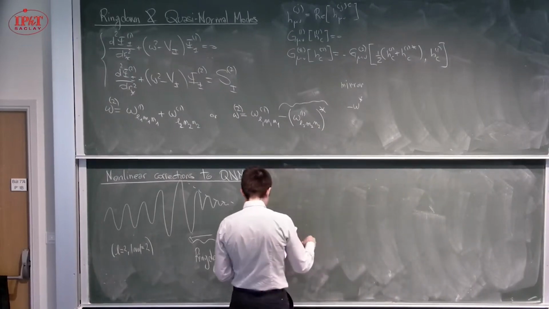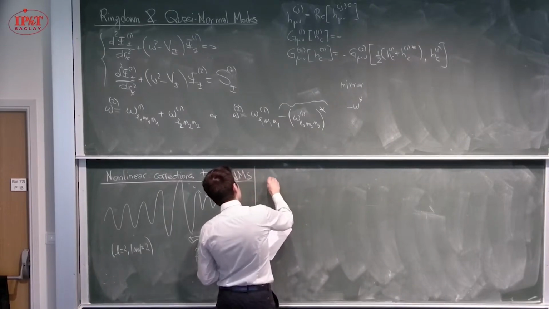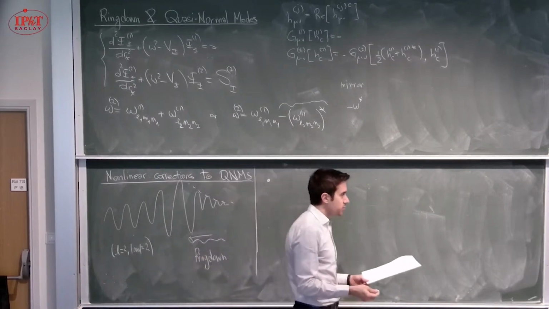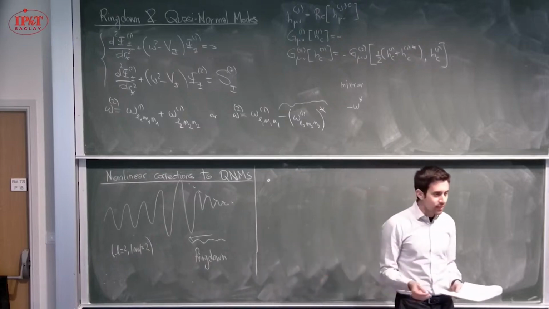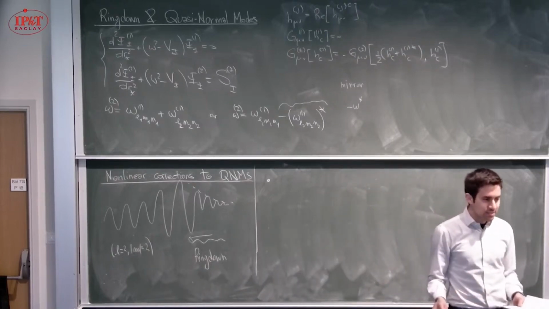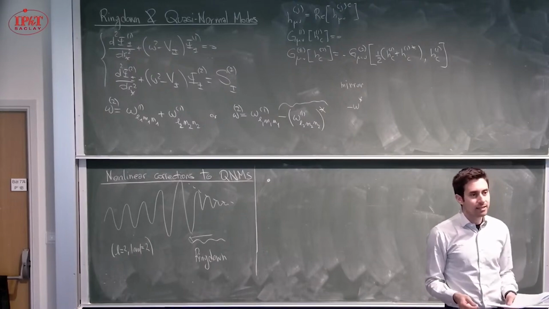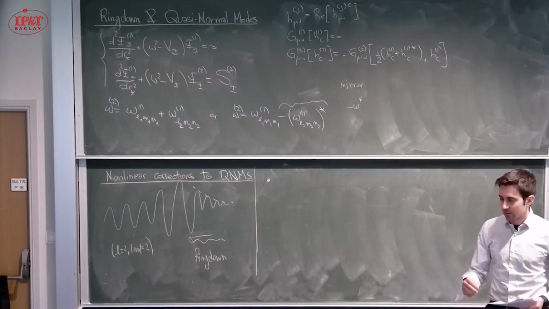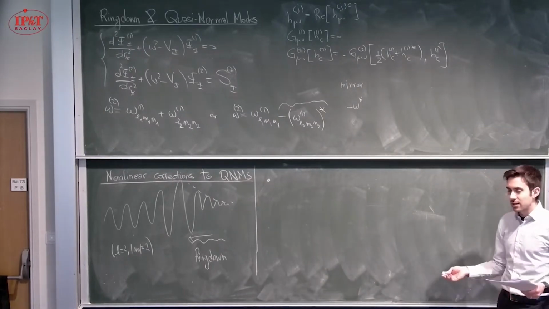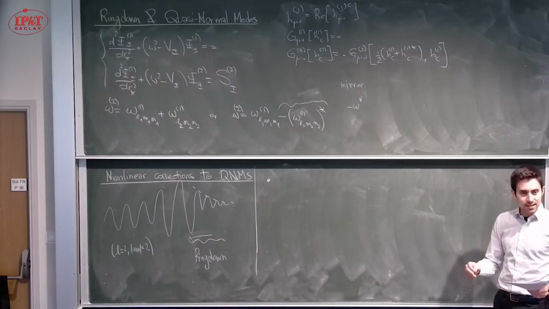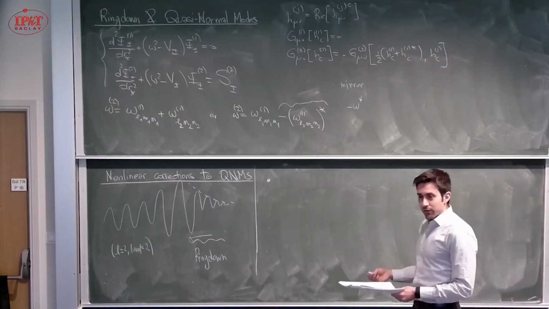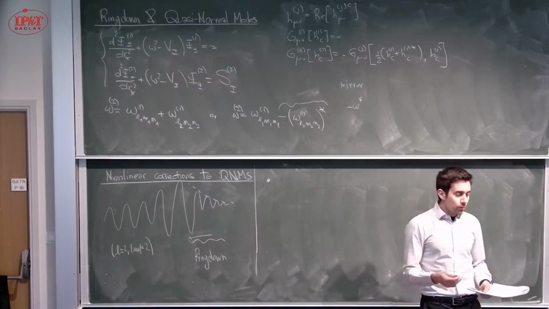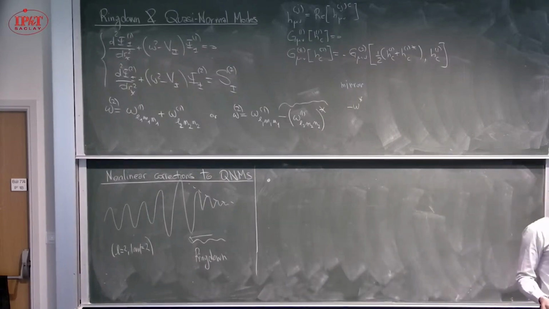So let me stress that as opposed to linear modes, as we briefly discussed during the break, for linear modes the frequencies are completely fixed by the properties of the object. So for a black hole, they are fixed completely in terms of the mass and the spin of the black hole. But the amplitude is a free parameter that will follow from the initial conditions.